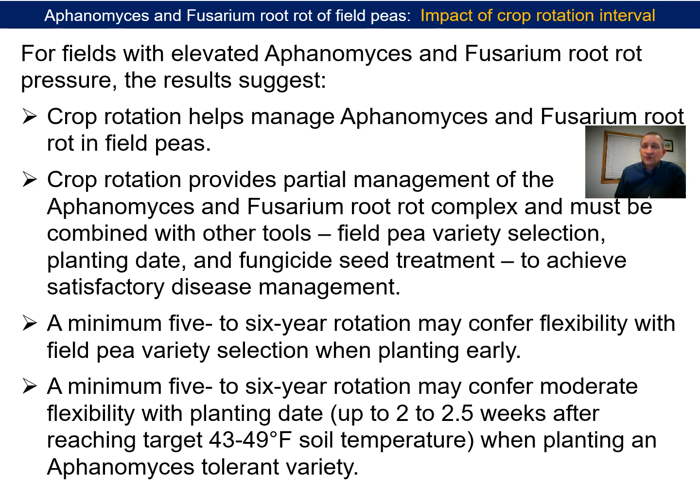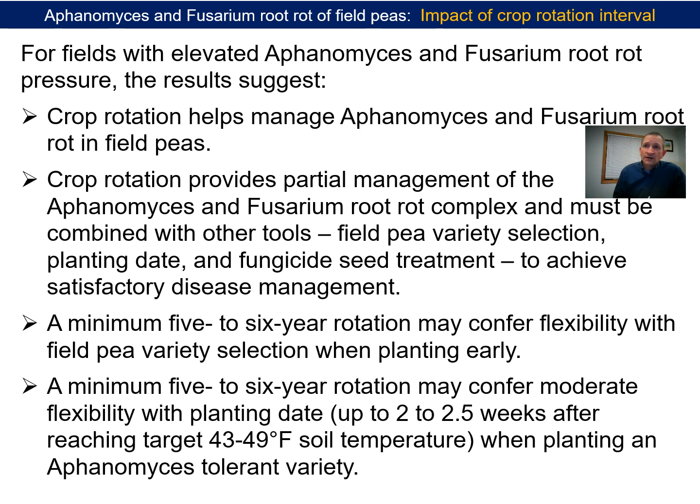If you can do a longer crop rotation interval, you're going to reduce your overall Aphanomyces and Fusarium pressure. If you have a tight crop rotation interval, field pea variety selection becomes absolutely critical, with a huge penalty to getting your variety selection wrong.